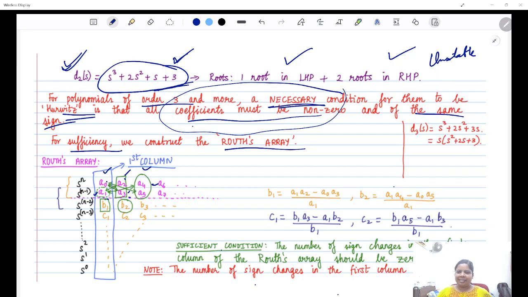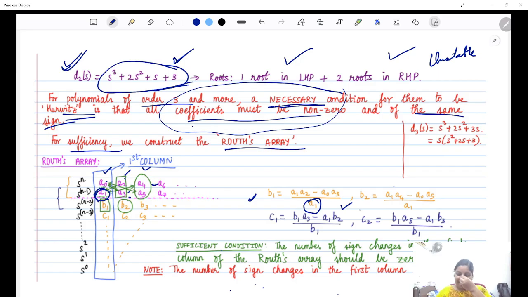In this case, it is opposite. First you do the other diagonal, not the principal diagonal. So it is a1 into a2 minus a0 into a3, and you divide by the first row term in the second row always. So for b1 you have a1 into a2 minus a0 into a3, divided by a1.